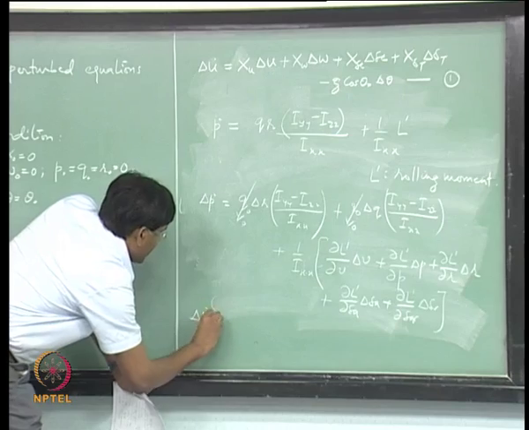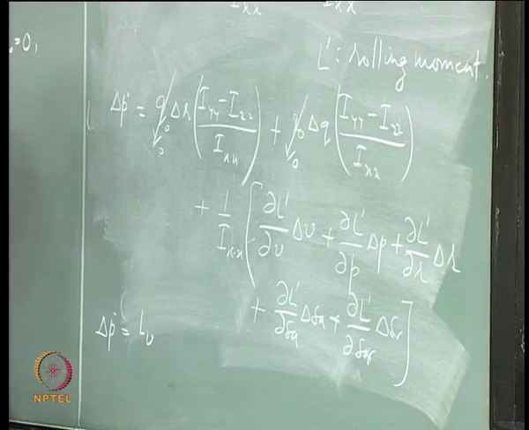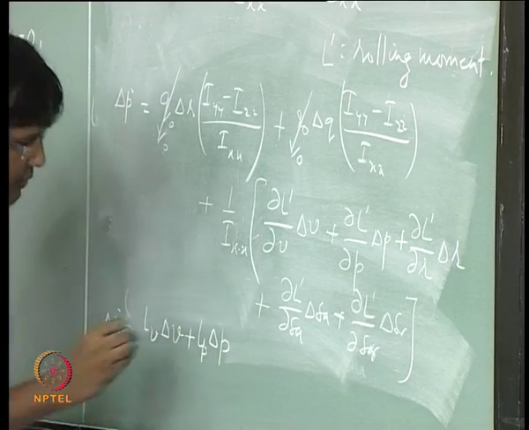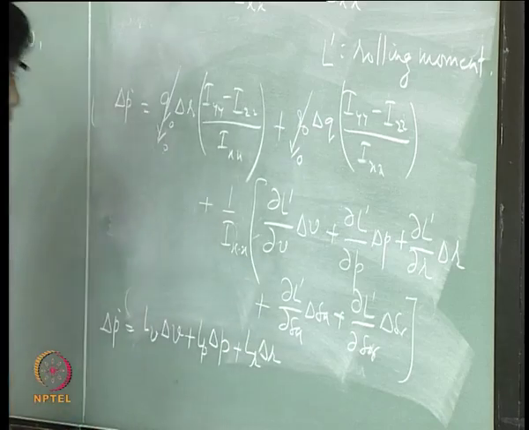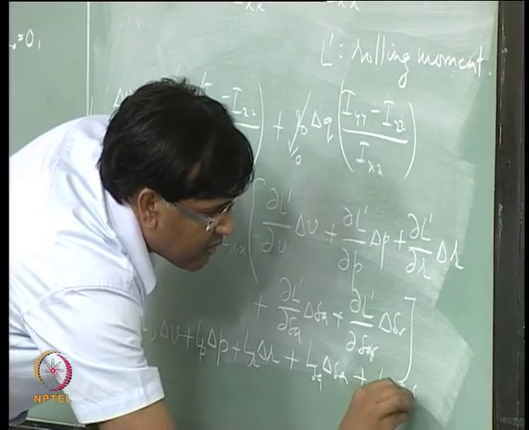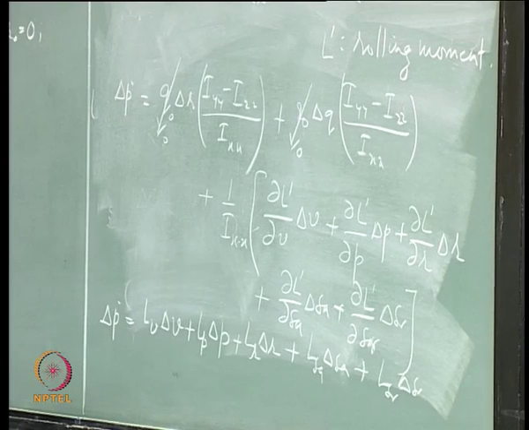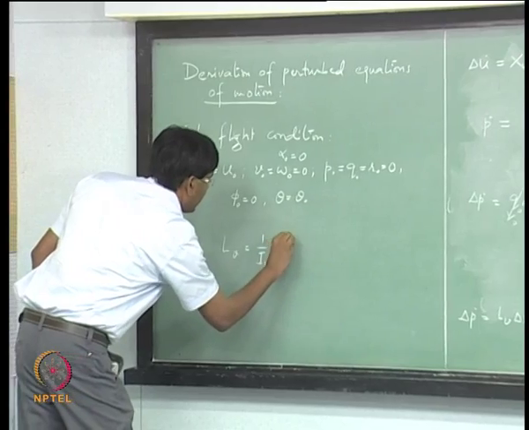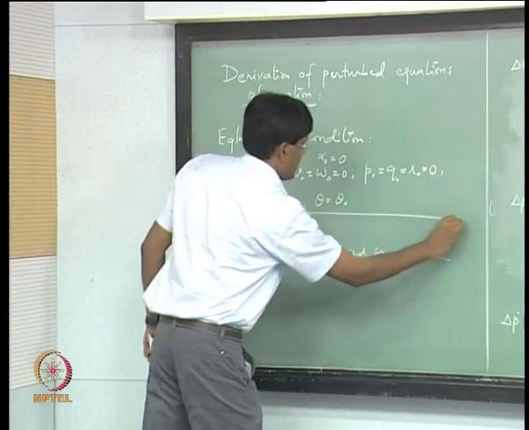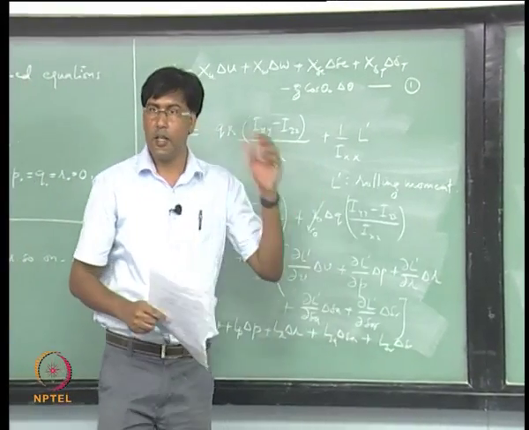So delta P dot as, where, is this all right?